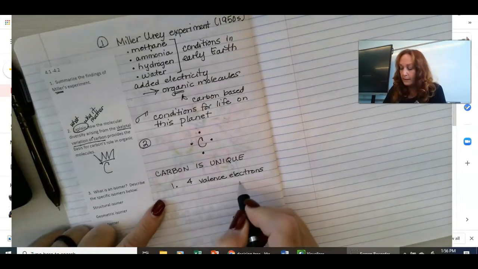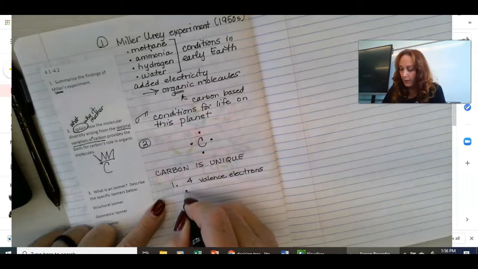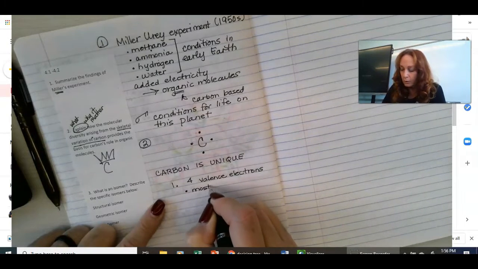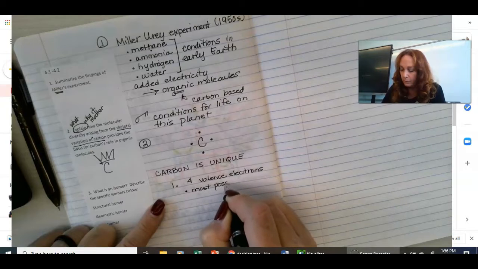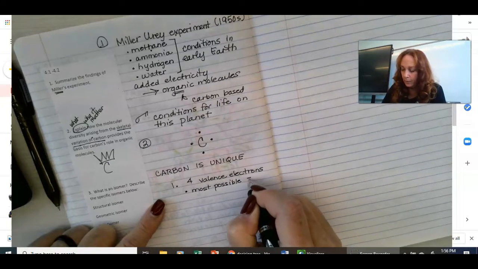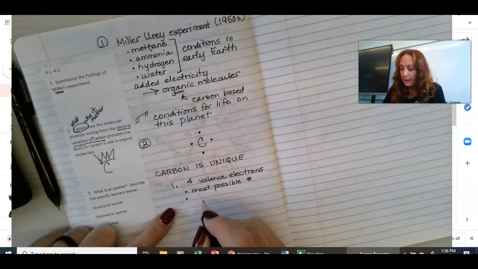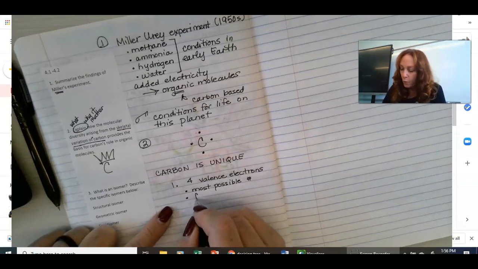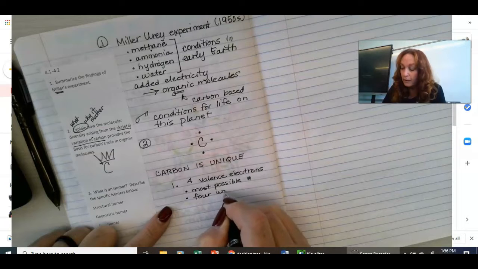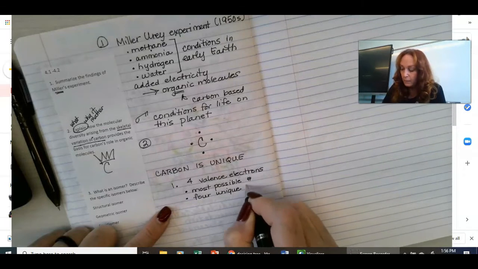So we're going to write what that means. First of all, that's the most possible number you can have. It means that it can make 4 unique bonds.